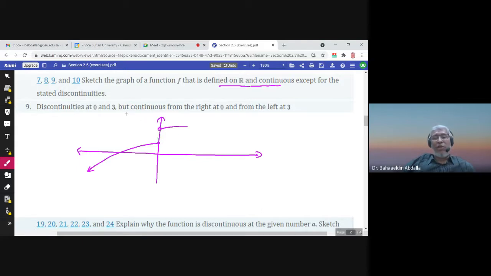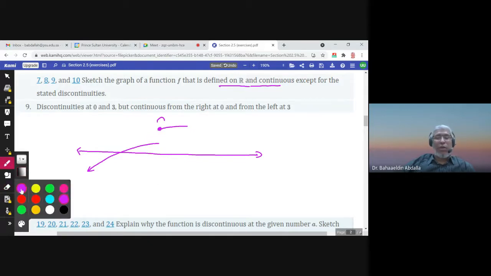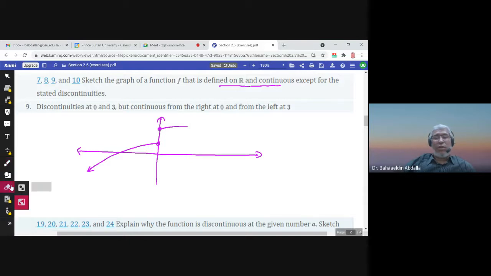Discontinuity at 0 and 3, but continuous from the right at 0. Oh, so this one has to be closed to be continuous from the right, and this point would be open. This is open. All right. I hope it's clear.